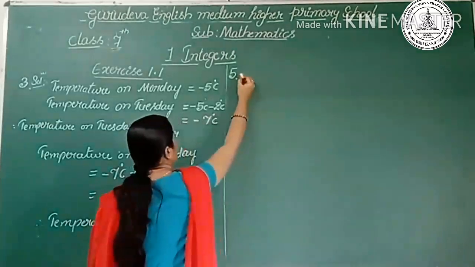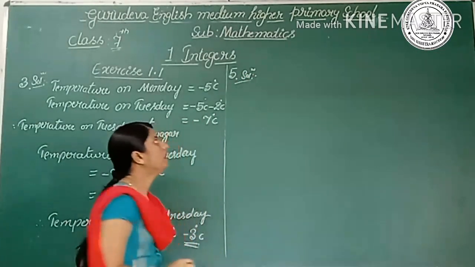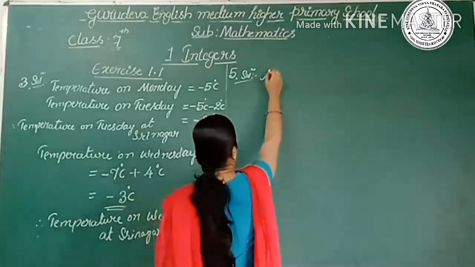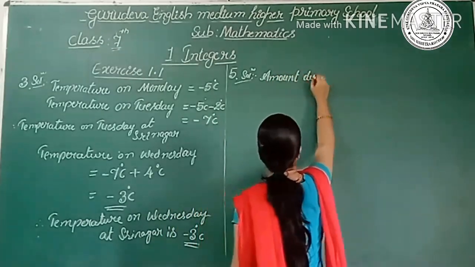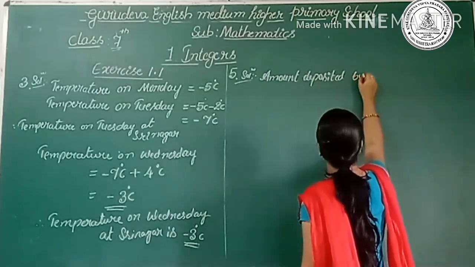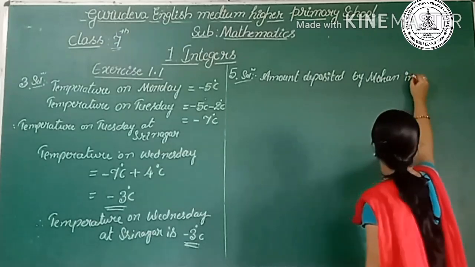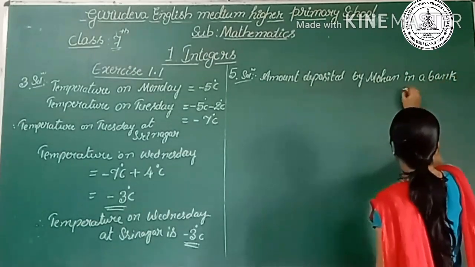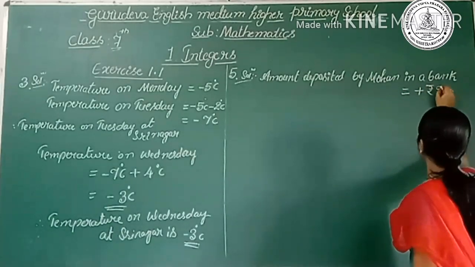Okay, so here the solution. Amount deposited by Mohan in a bank. So it is deposited, so we have to write the answer plus 2000 rupees.